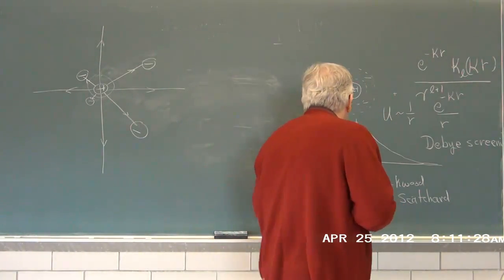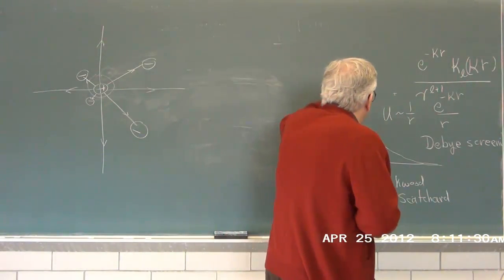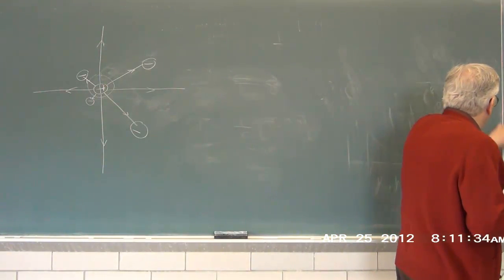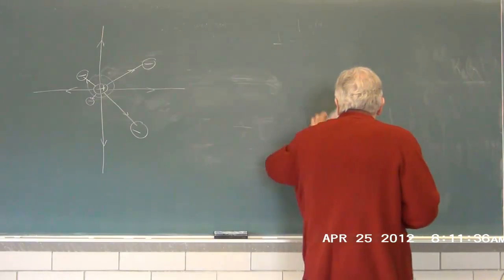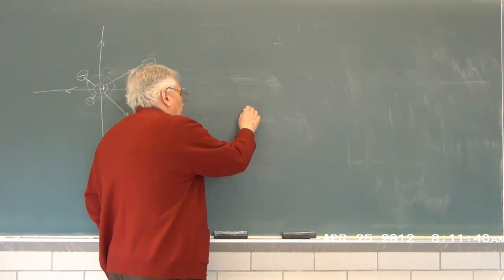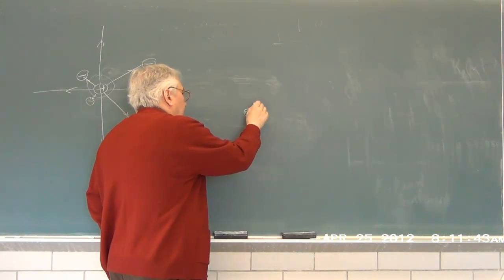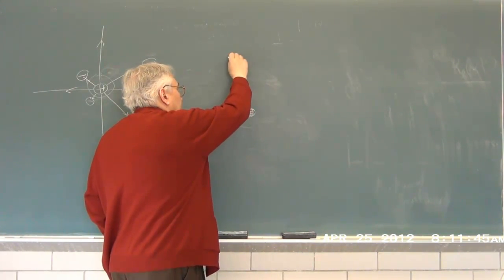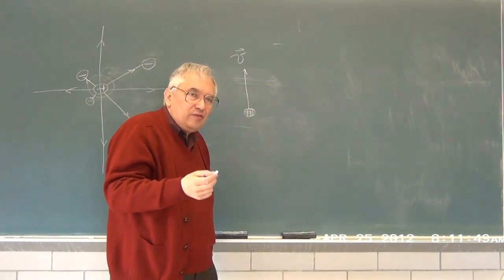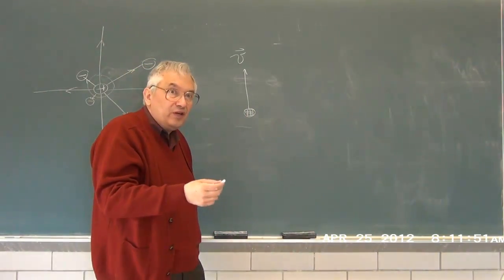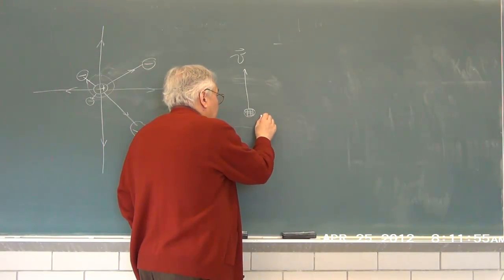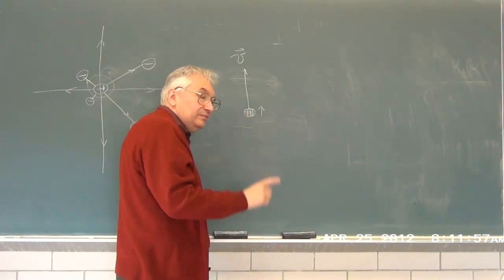And you can draw a picture of this. I'll give myself more space. So here is the moving object, and it's moving at some speed v. It exerts a drag force on the solvent because it's moving through it, and that means it's exerting a force on the solvent in this direction.